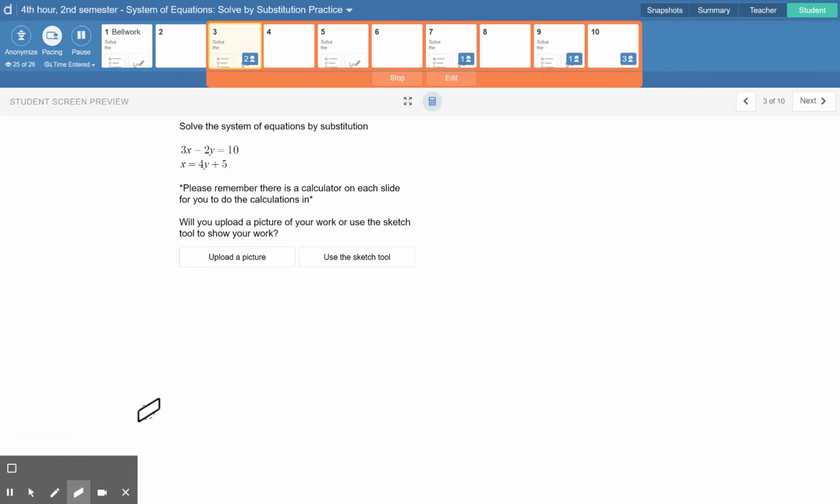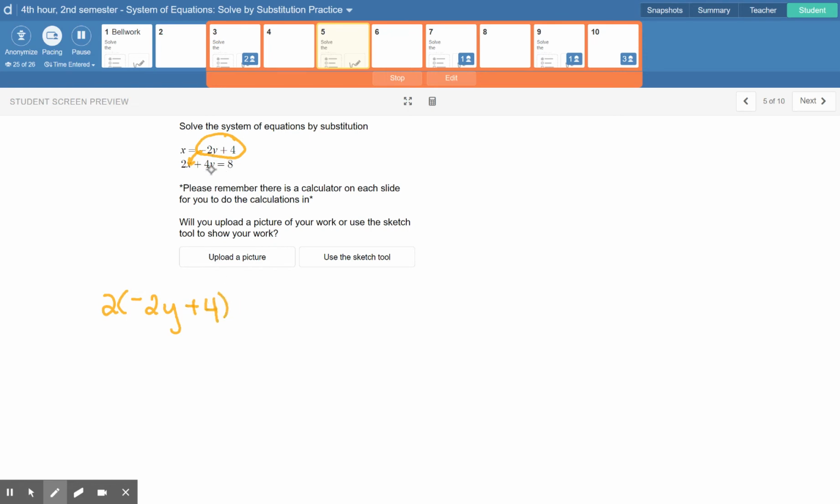Now for slide number 5, we have another solve by substitution. This time the x is isolated in the first equation. So we're going to circle what the x is equal to, and we're going to plug it into the second equation. So we have that 2, and then negative 2y plus 4.